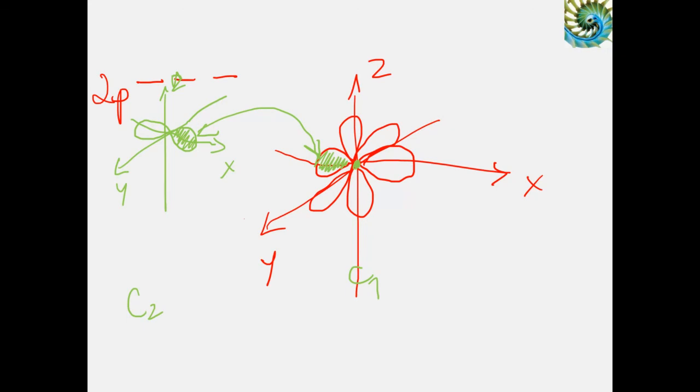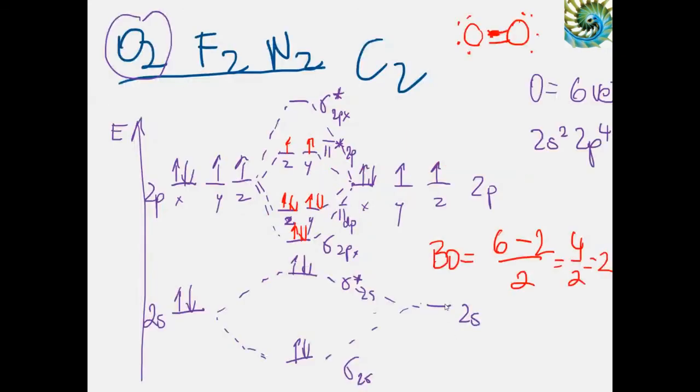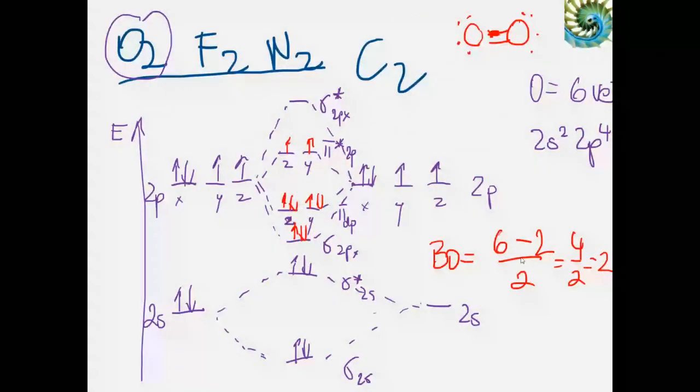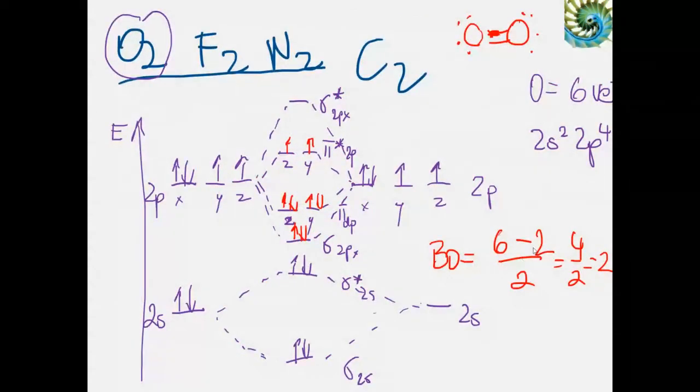Okay, thank you. And you're asking about the 6 in the bond order, Devin. You count only 2p orbitals because 2s already has 4, so that is 2 minus 2, that's 0. Only the 2p orbitals actually make a difference here.